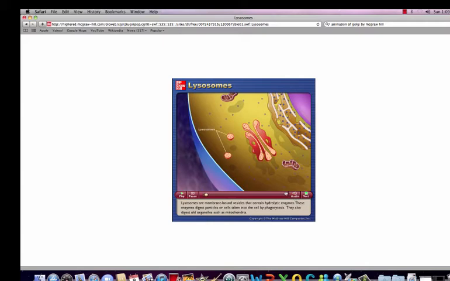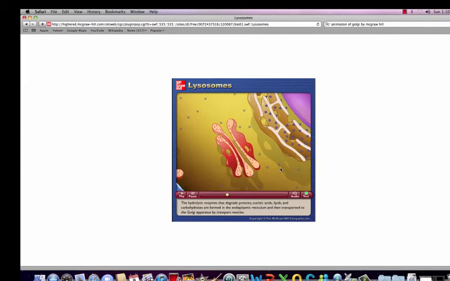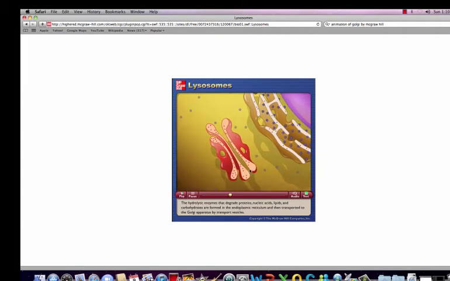So lysosomes are membrane-bound vesicles. So here's the lysosome. They contain these hydrolytic enzymes. Remember, they like a pH of about 5. And these enzymes will digest particles or cells that are taken into the cell by phagocytosis. These hydrolytic enzymes that degrade proteins, nucleic acids, lipids, and carbs are formed in the ER and then transported to the Golgi.